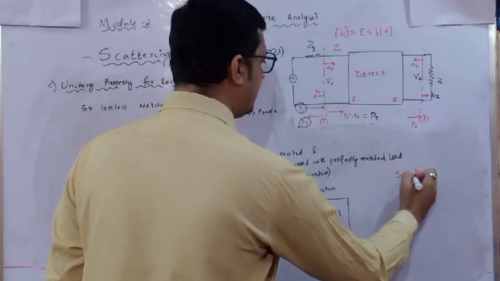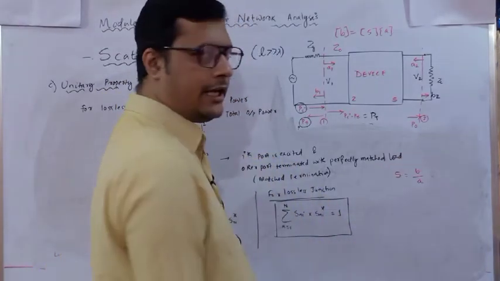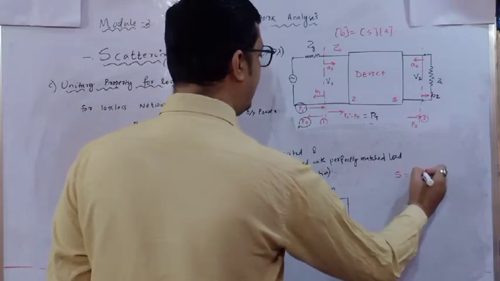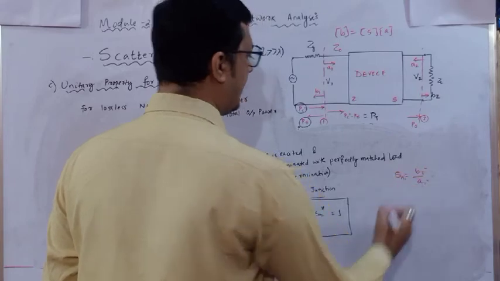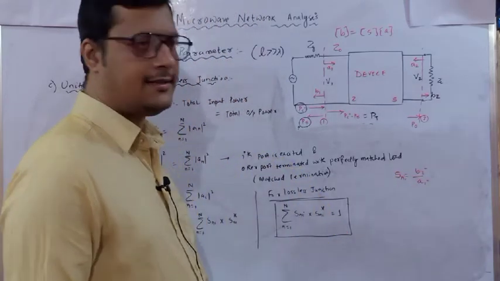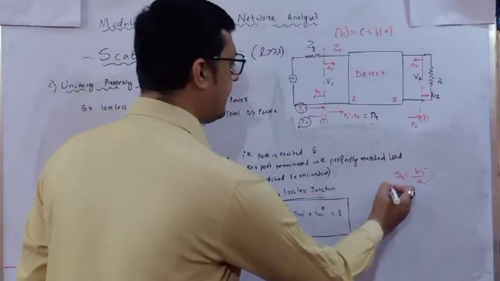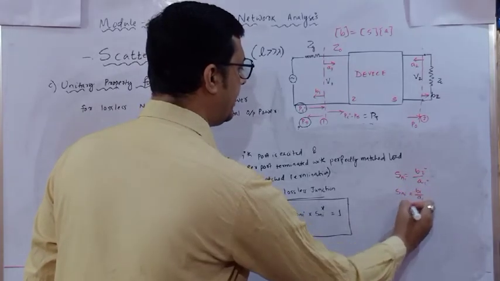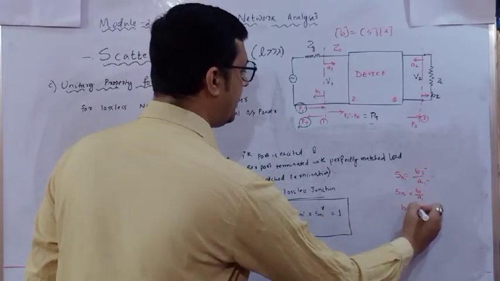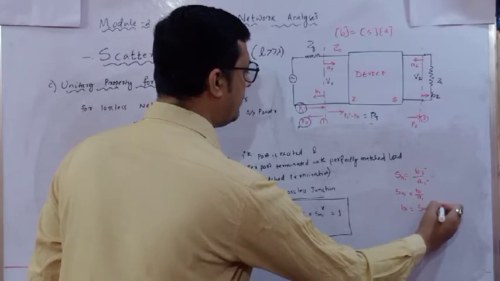S is equal to b by a. So if it is b_i and a_i, then for the nth port I can write S suffix ni. So S_ni is equal to b_i by a_i. So in place of b_i, I can write S_ni into a_i.